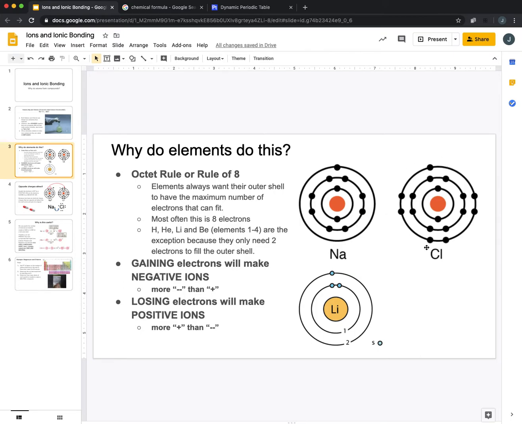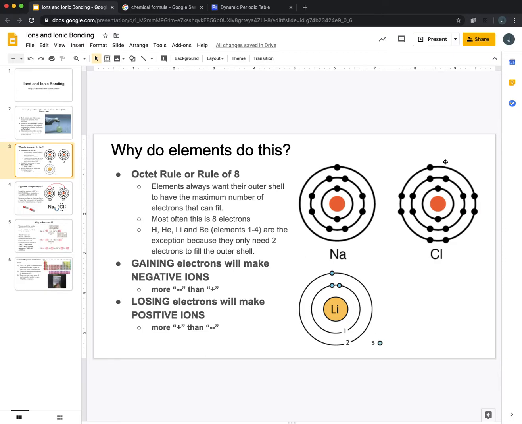On the other side, chlorine is going to want to gain electrons, because instead of getting rid of all 7 of these, which sounds like a lot of work, it just wants to gain 1. And if it gains 1 electron, that means this outer ring is fat and happy.